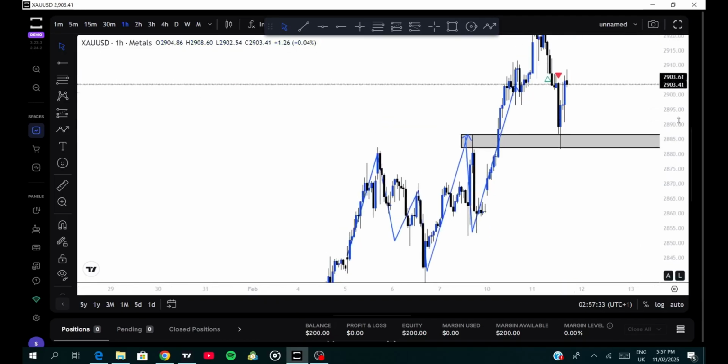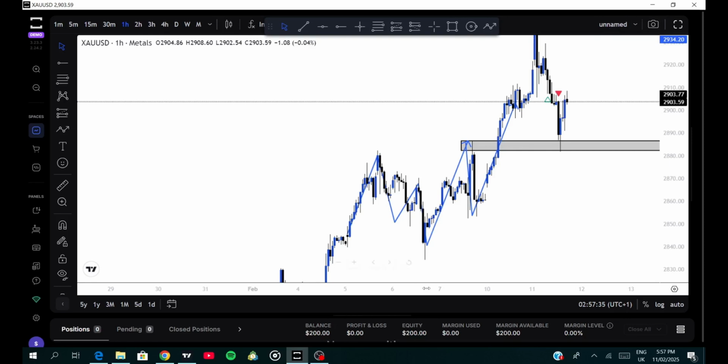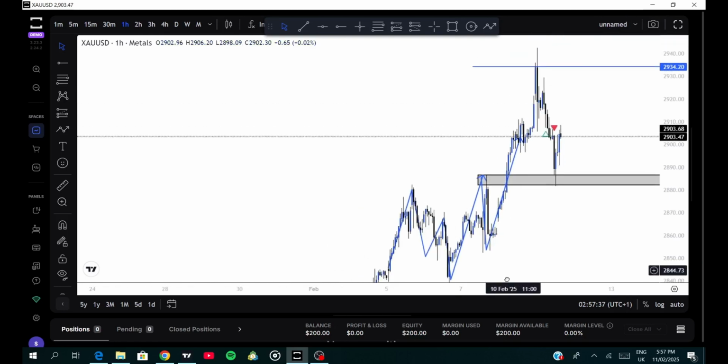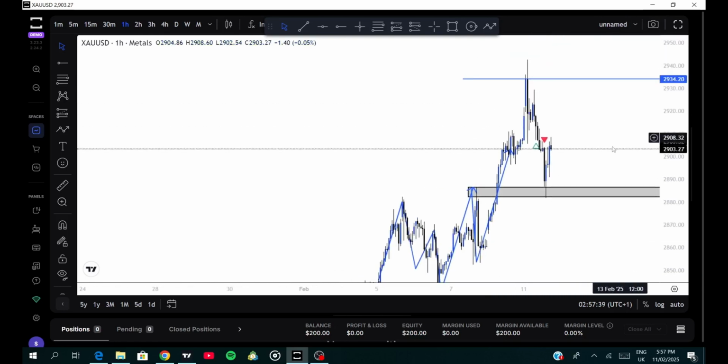That's if the market is going to obey this inverse head and shoulders, then price is supposed to come to this 29.34.20. So that's it currently. I've not been on my screen all day. I've just been busy. This is a continuation of the video yesterday, obviously.